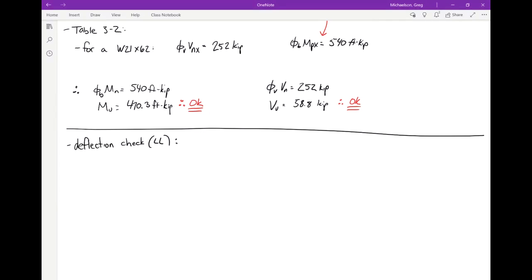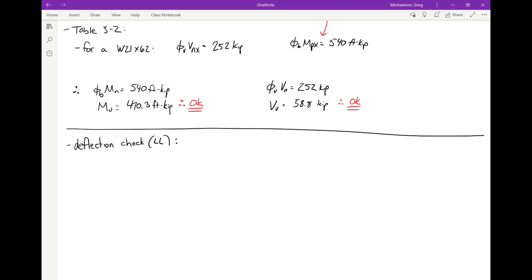So let's say you do the math and it's going to deflect, I don't know, 2 inches under the dead load. Well, we'll actually take the beam and physically bend it upward 2 inches so that when you put the dead load on it, it sits flat. That process is called cambering. And so in steel design, and even in concrete, there are ways to get around the dead load deflection, but not really so much the live. Hence why a lot of our deflection limits are related to the live load.